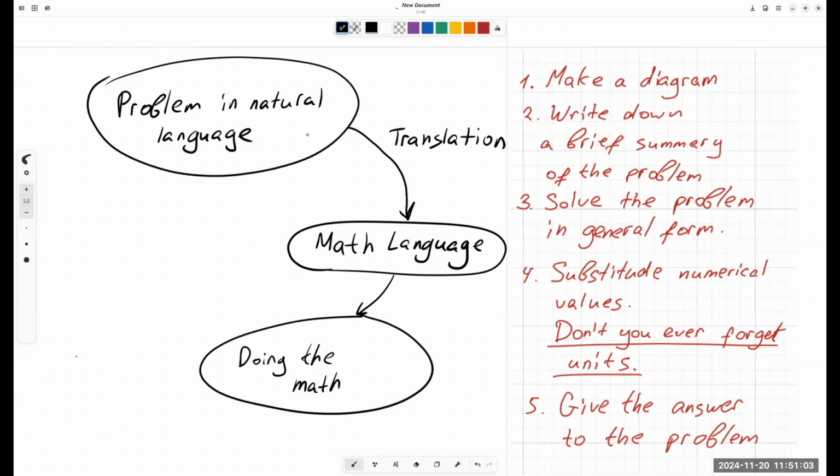When we translate a problem from our natural language to math language, we move from one dimension to another. There is no more plane flying over the surface of the Earth. There is no more electron flying or whatever was happening in your problem.